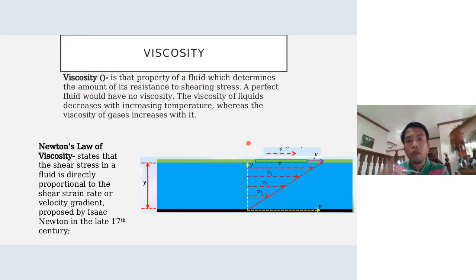Now imagine we have different fluids. We have water, oil, and gasoline. So when we pour these fluids into containers, we can notice na yung iba sa kanila malapot. Okay? Malapot.